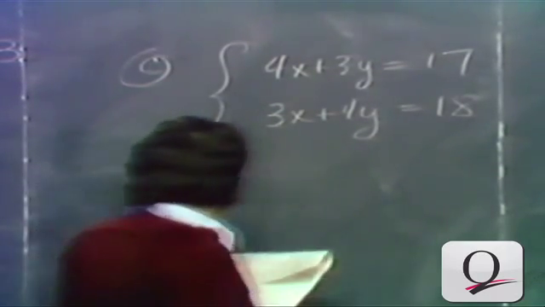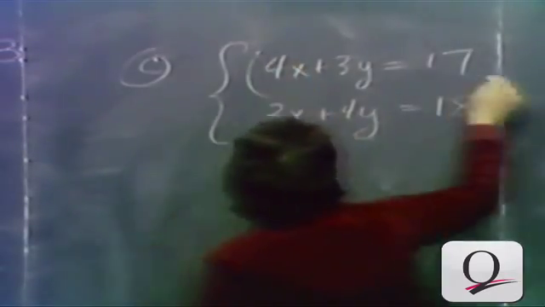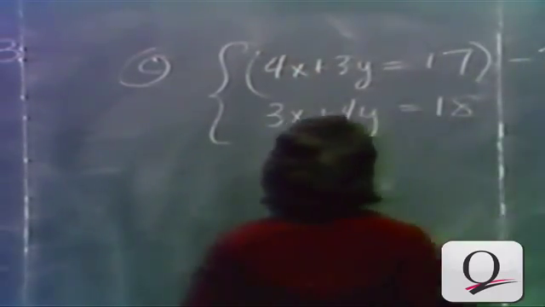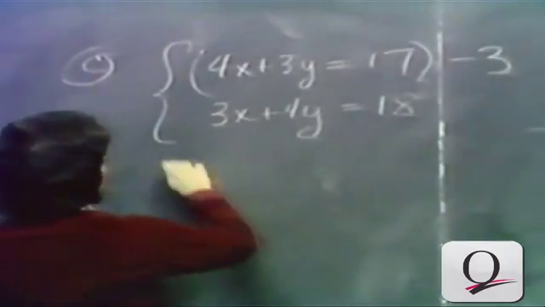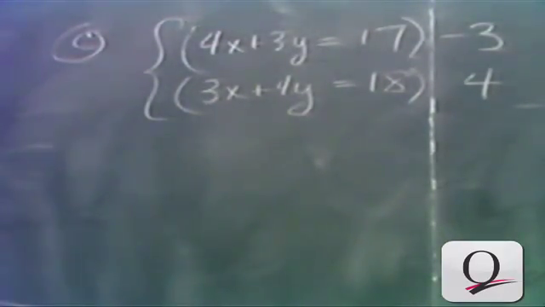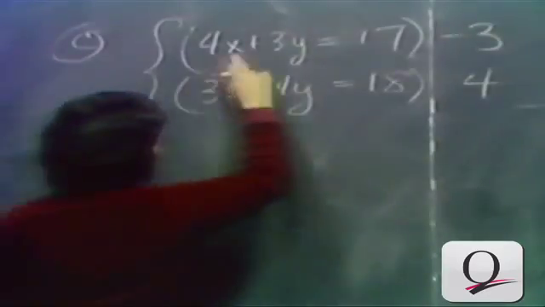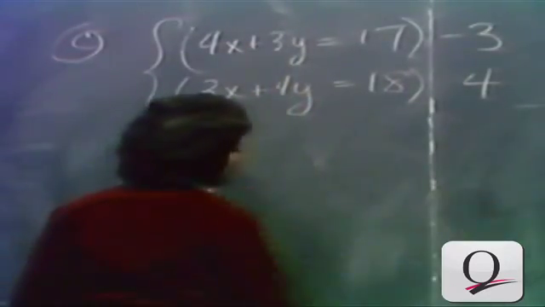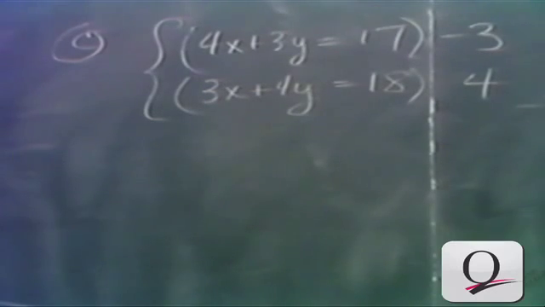And what we're going to do is, say, multiply the top equation through by minus 3, and multiply the bottom equation through by 4. That'll give us a minus 12x here and a plus 12x here. Eliminate the variable x.